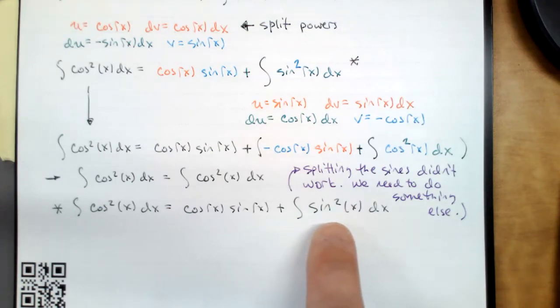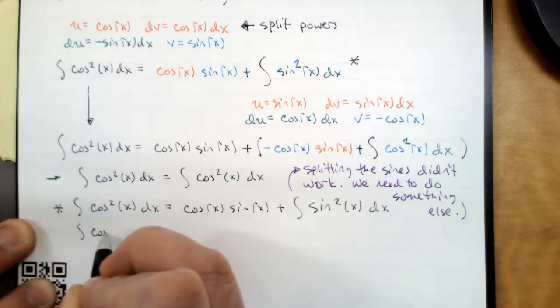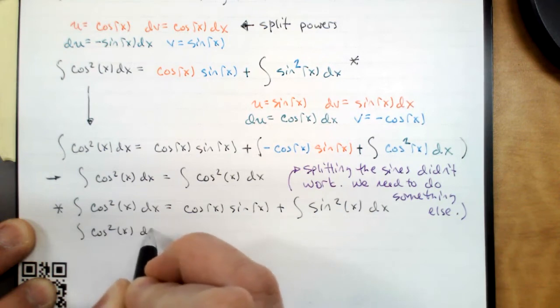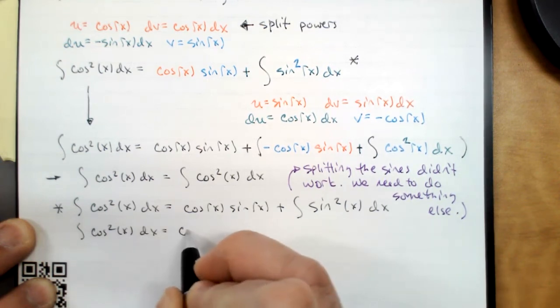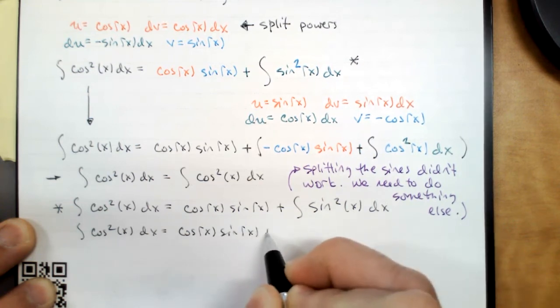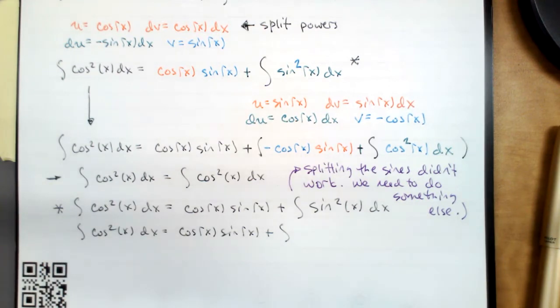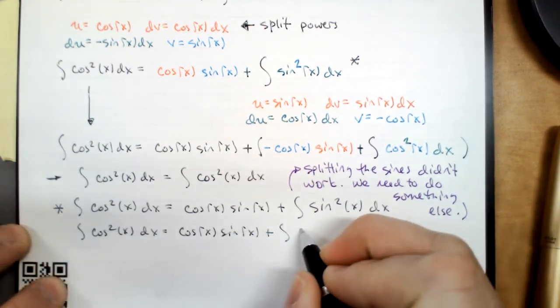So it looks like the integral of cosine squared x dx is cosine x sine x plus the integral of 1 minus cosine squared.